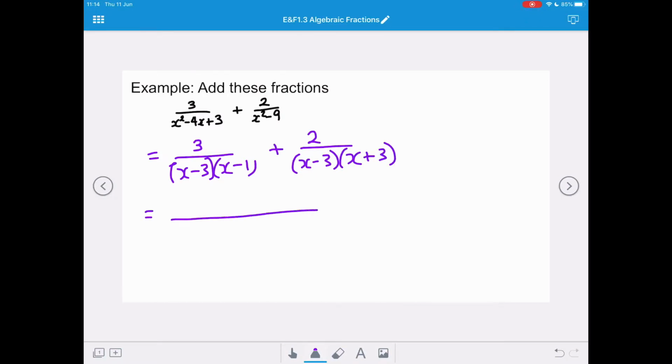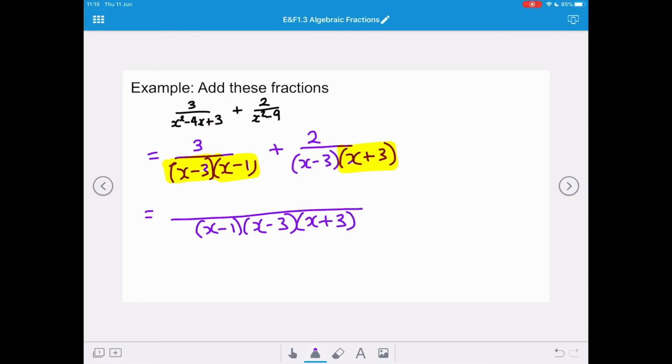Now we're going to work out what our common denominator is going to be by looking for any non-repeated brackets. So we've got an x minus 3, an x minus 1, and an x plus 3. So we'll put them as our common denominator, which is x minus 1 upon x minus 3 upon x plus 3.